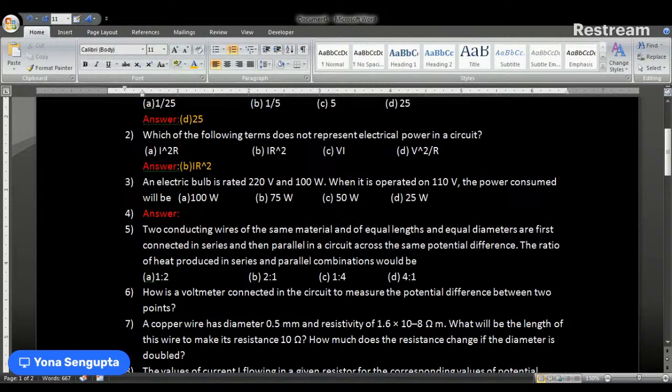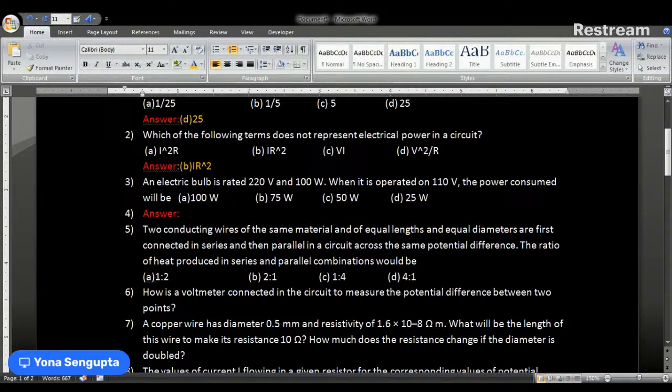Even if the supply voltage is reduced, the resistance remains the same, so the power consumed is P equals V square by R. So P equals 110 square volt by 484 ohm, which equals 25 watt.